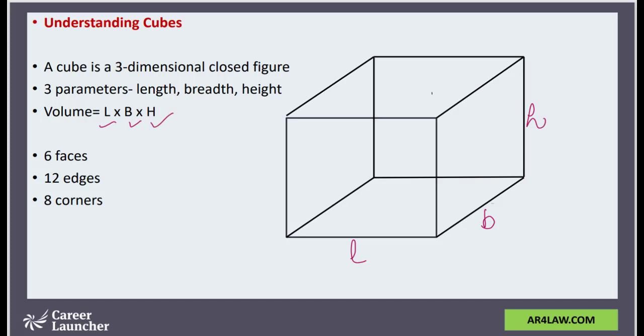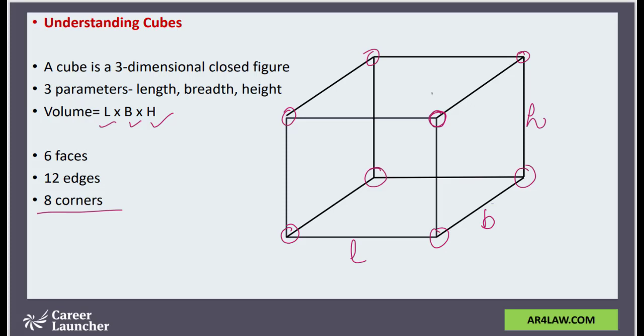Now there are a couple of more things that you are supposed to know when dealing with cubes. There's something called corners. So a cube has 8 corners. A corner refers to that particular point where 3 edges of a cube meet. Like one, we have this, 2, 3, 4, 5, 6, 7 and 8.